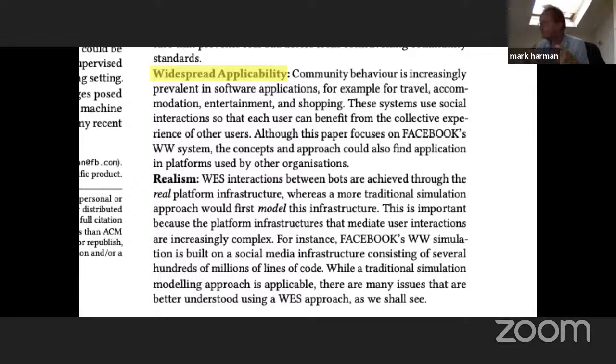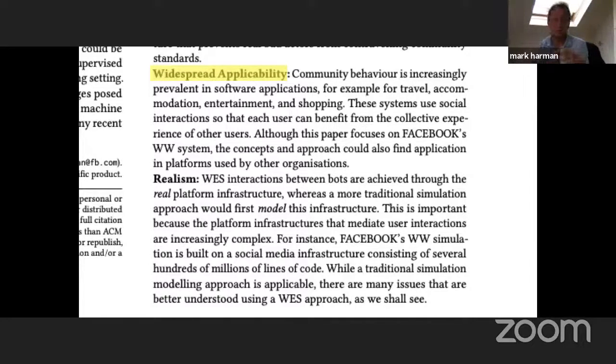App stores offer this, and travel companies. Increasingly, almost all of the ways in which we interact with software allow us to communicate with other users in a social way. So software in general is becoming more sociable, and it's becoming a mechanism by which we communicate with each other, even software that isn't designed to be a social media application.